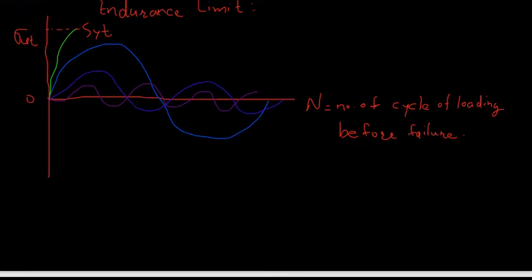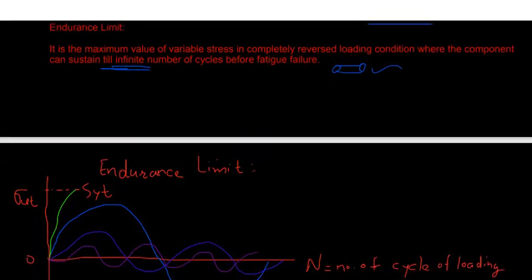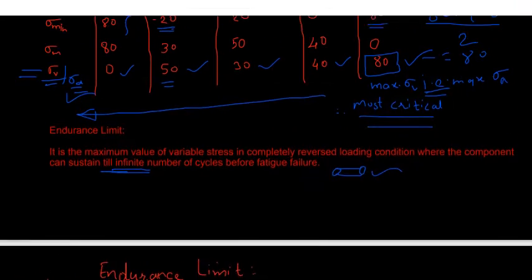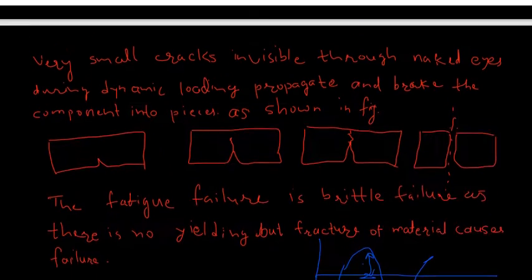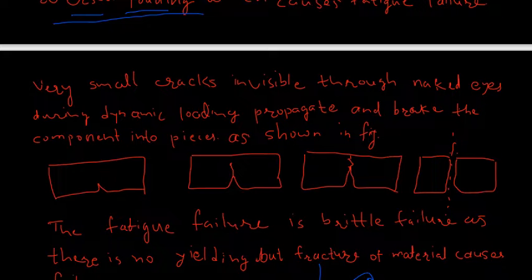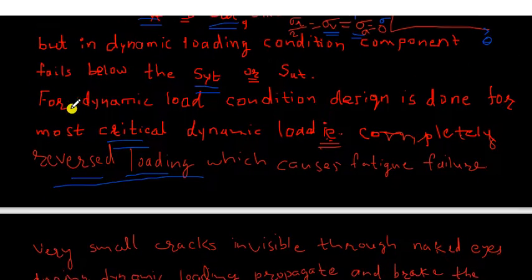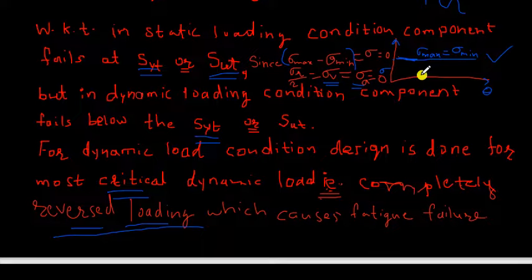Finally, I will conclude with the mechanism of fracture or the fatigue failure. Mechanism of fatigue failure. We were discussing this. Right. In static loading, you know that the component will fail at SUT or SYT, but in dynamic loading, the component will fail due to fatigue. And what is fatigue failure and how does it occur?